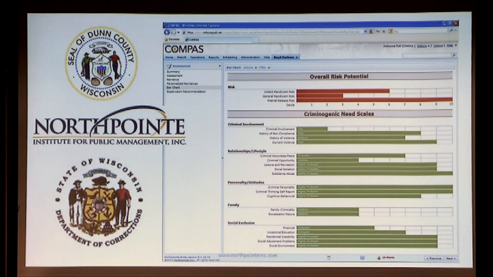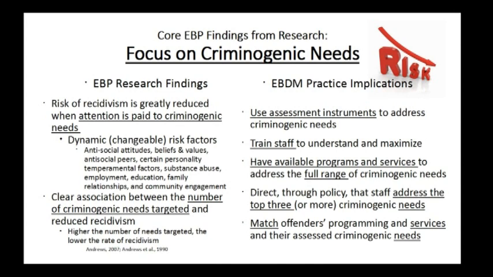And then we also want to see that there's a need for services. We don't want to just put people in a class or a therapy program just because it's available. It has to be really individualized and meaningful to them. And we'll talk more about these criminogenic needs. So there's a number of those drivers out there that are really focused on identifying what are the criminogenic needs.